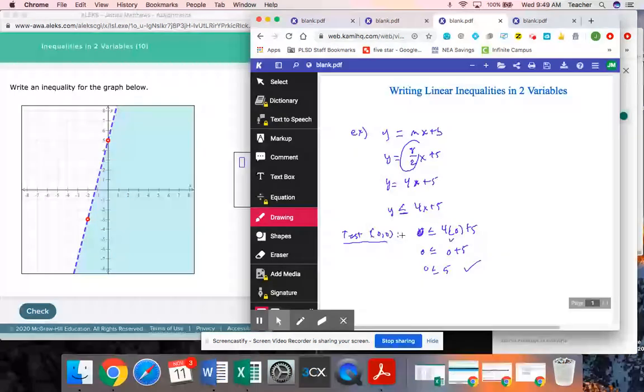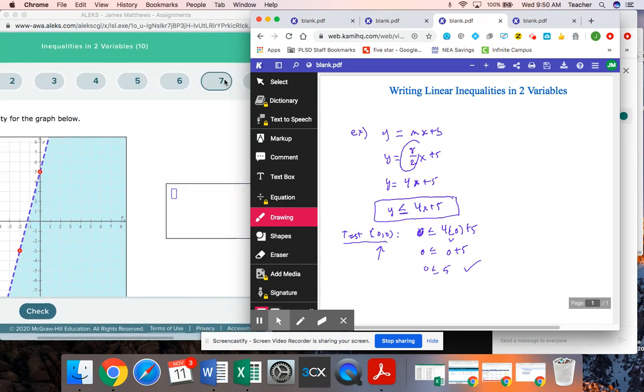That is true. That means my test point is in the solution, which means that this is indeed correct. That is the inequality for this graph right here.